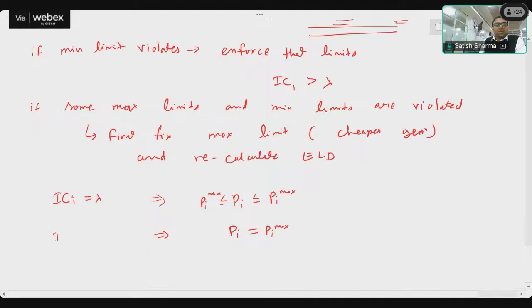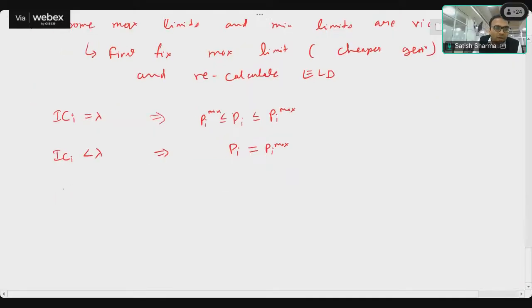That will be the case when the incremental cost of the generator is less than lambda. So whenever the incremental cost of the generator is less than lambda, that generator will be kept at the maximum value.